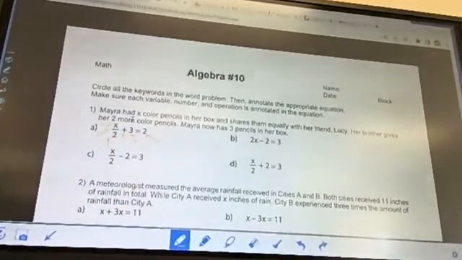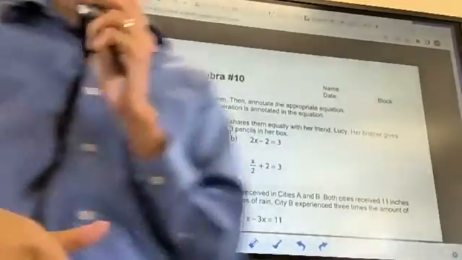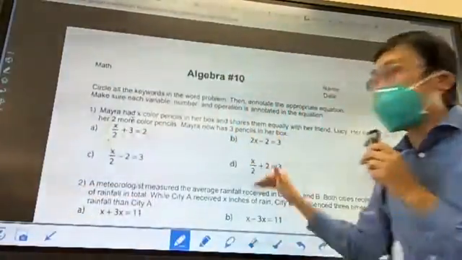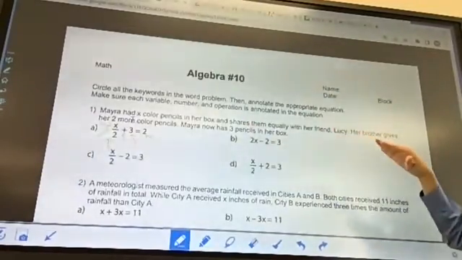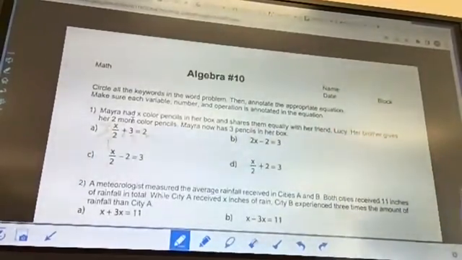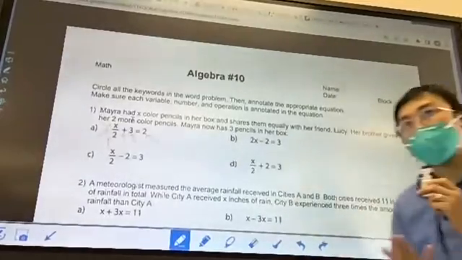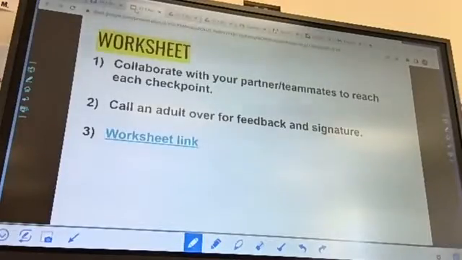You have the keyword notes that you can sort out, but only one of these 4 is the answer. You're just writing out what each of those operations and numbers mean along with the variable. Please make sure you collaborate with your partner or teammates to reach a checkpoint. As always, call them over for feedback and signature.